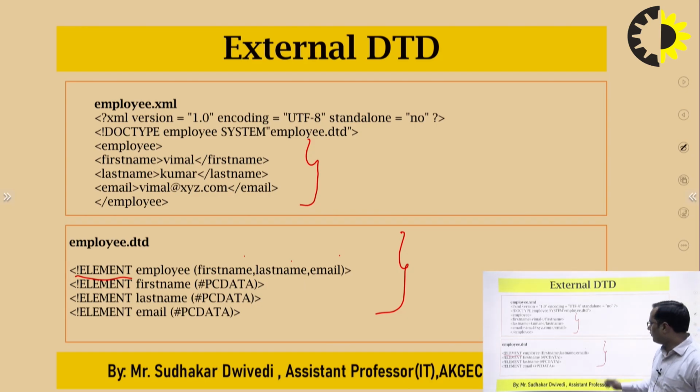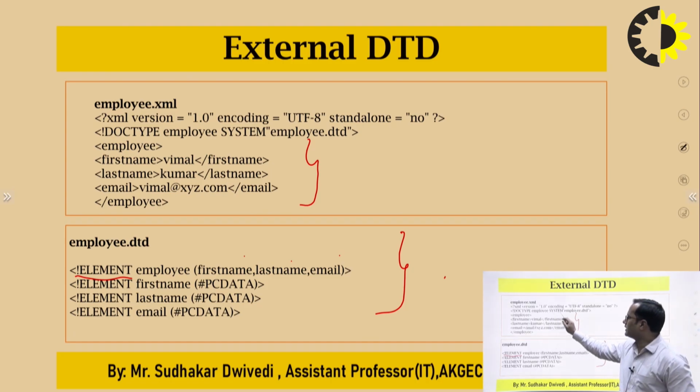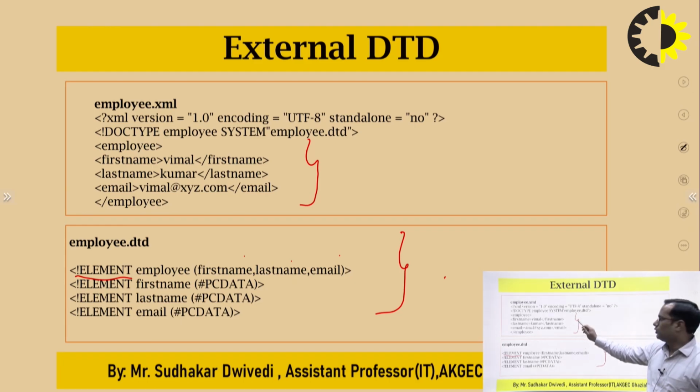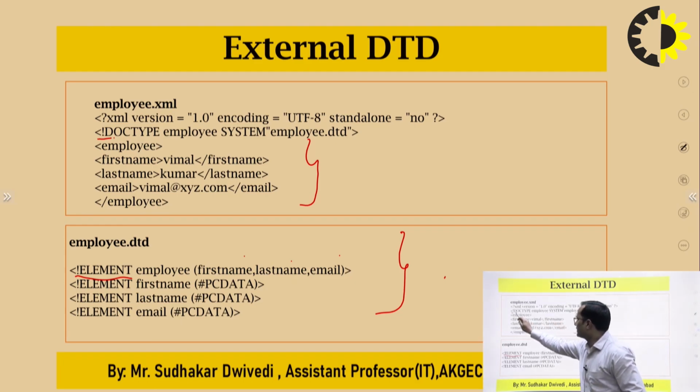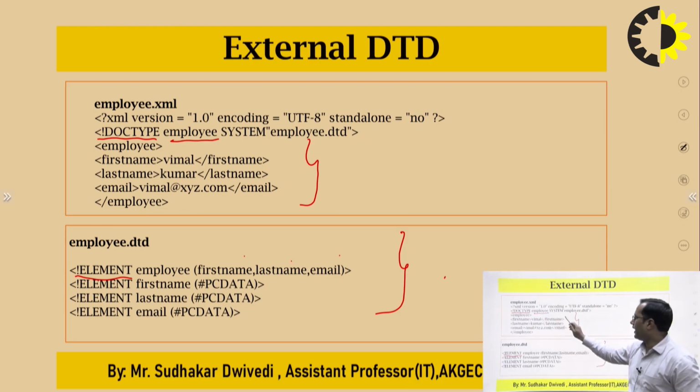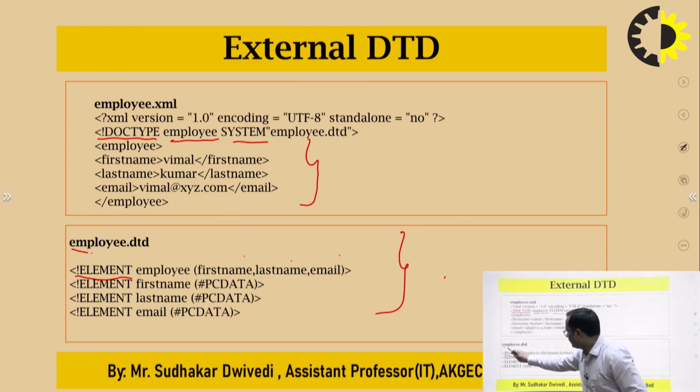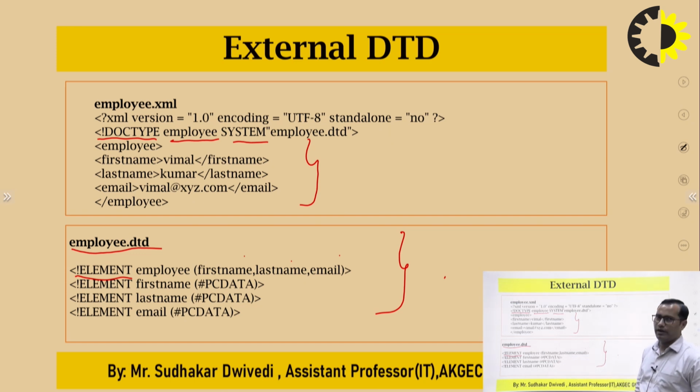And then how can we include this external file, employee.dtd? For including this file, we will use the SYSTEM attribute in our XML file. So here again, this is the same. This is the root element I have specified, and then I have used the SYSTEM attribute, and in the double quotation marks I have provided the file name, employee.dtd.